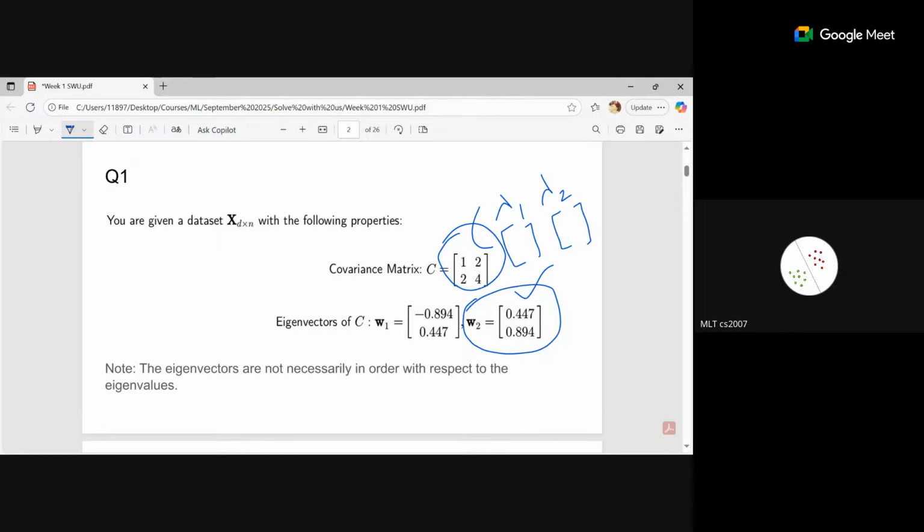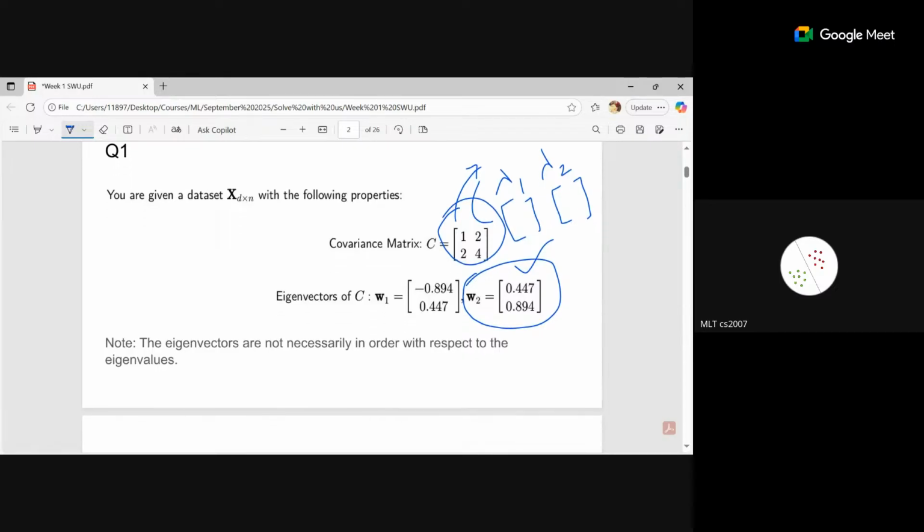But here the eigenvectors are already given to you. If you go through that method, you also need to find the eigenvectors. Here we can use what is given and say this is the first principal component, in both ways.